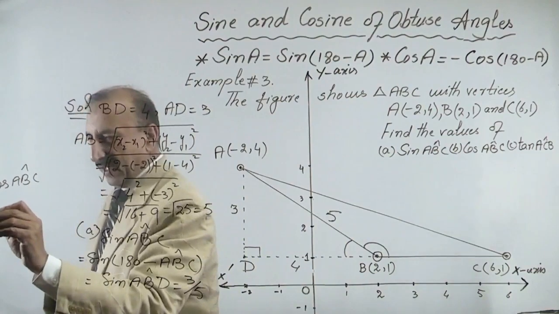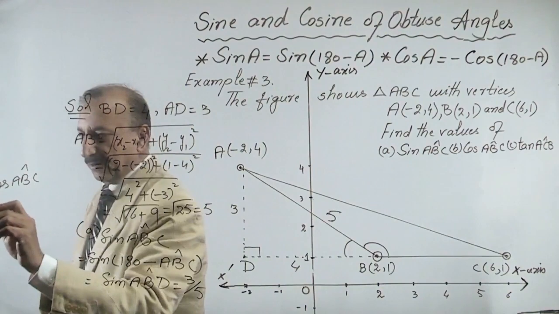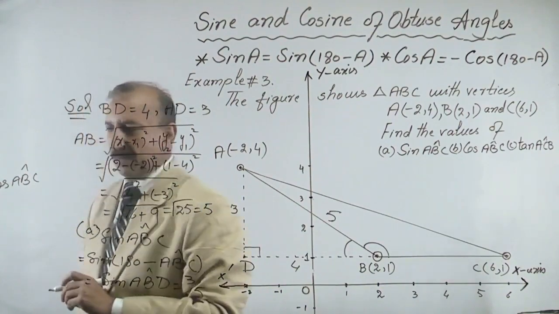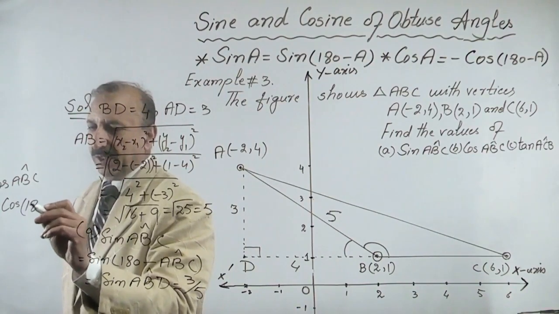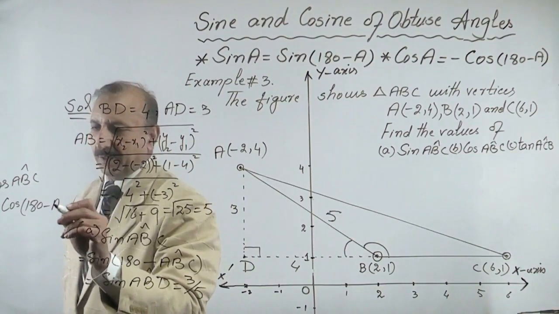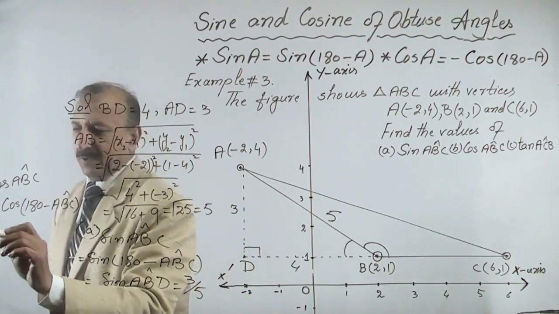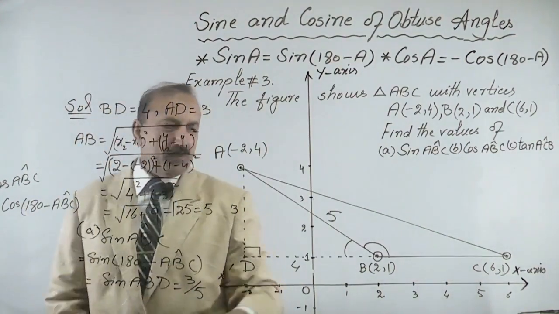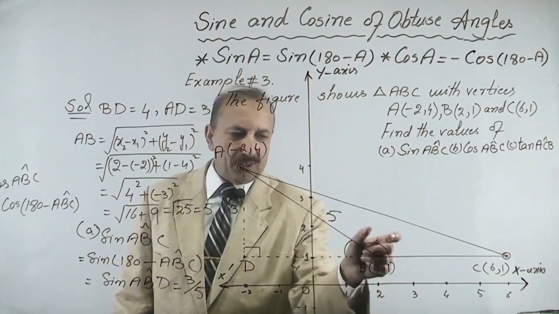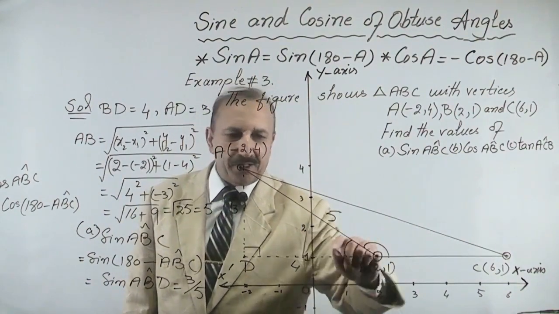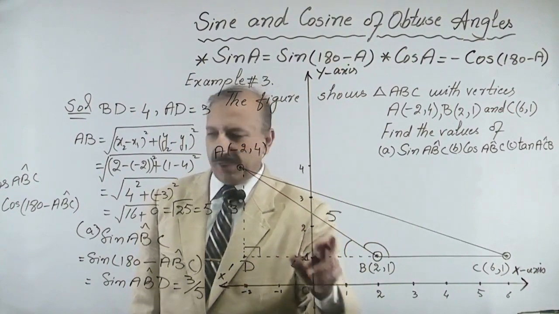This can be written as, according to the result, minus cosine of 180 minus angle ABC, and this will be equal to minus, again, when we subtract this angle ABC from the total 180, we will get only this angle, that is DBA, or ABD, left here.